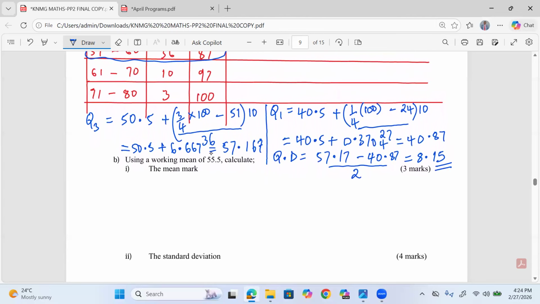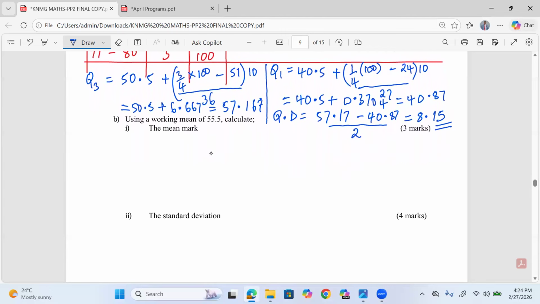So let's first know, what formula do we use for us to get mean? For us to get mean, we need to talk about assumed mean plus the mean of all deviations. So all deviations multiplied by each frequency out of the total frequency, like that.